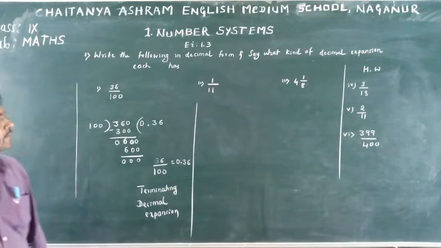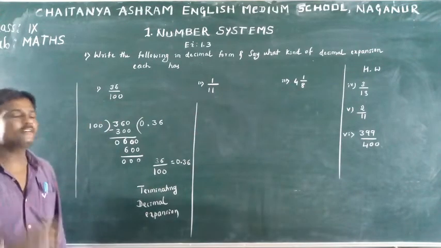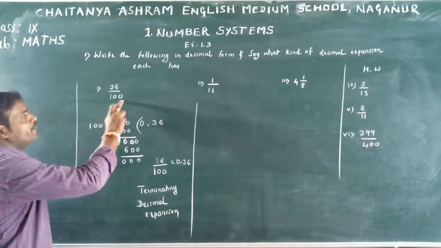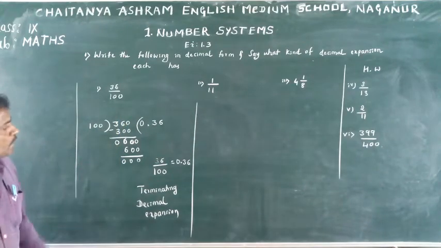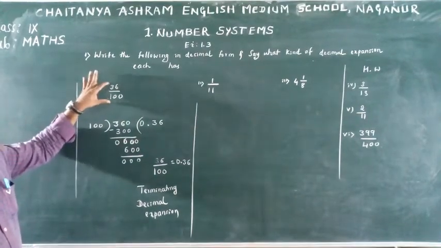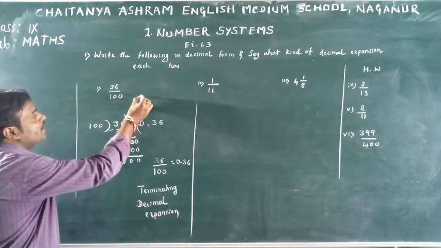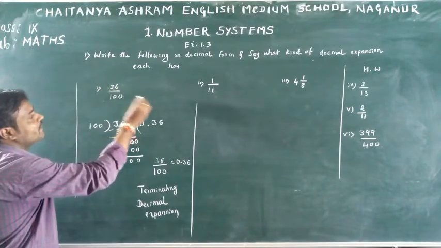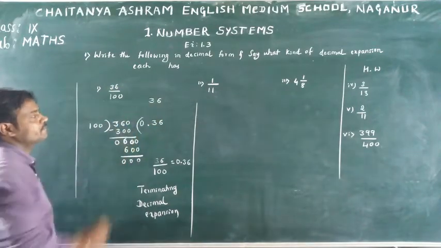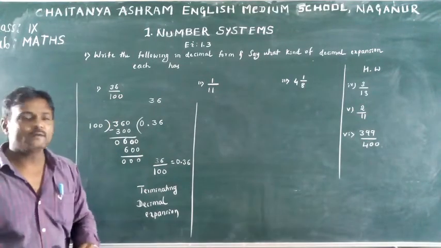Dear children, observe here. In your previous classes you have learned, the denominator is 100. Without doing actual division, we can write it in decimal. How? See, write the number in the numerator, that is 36. How many zeros are there in the denominator? 2 zeros are there, no?